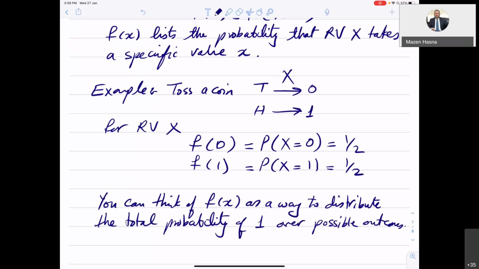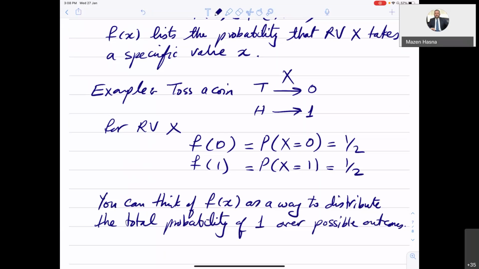We can think of it this way. The total probability that I should have is 1. How is this one distributed between the x's? So in this specific example, x equals 0 has 1/2, and x equals 1 is 1/2.